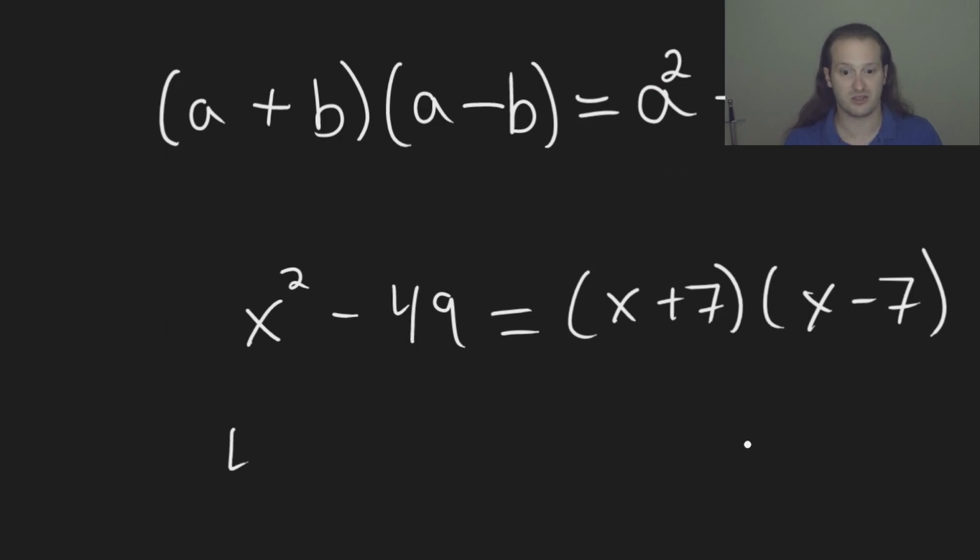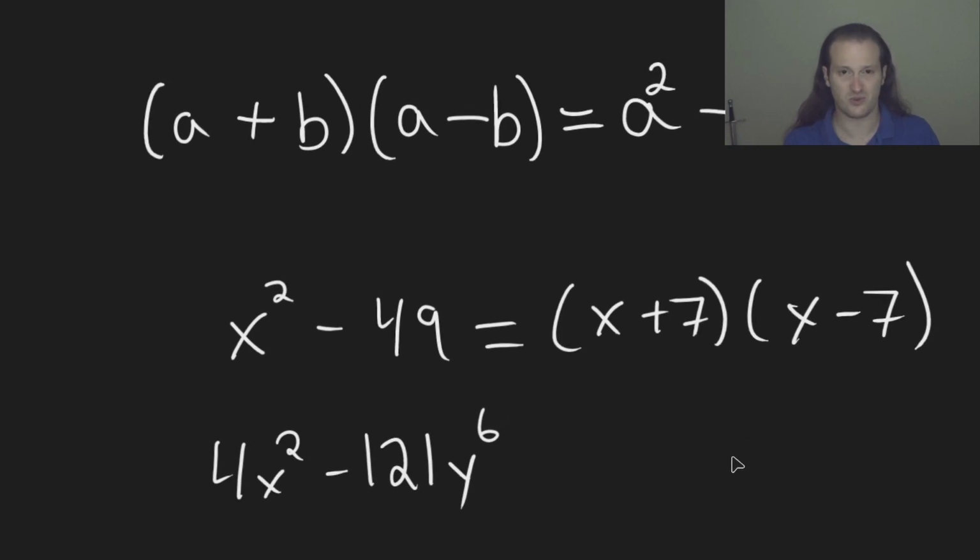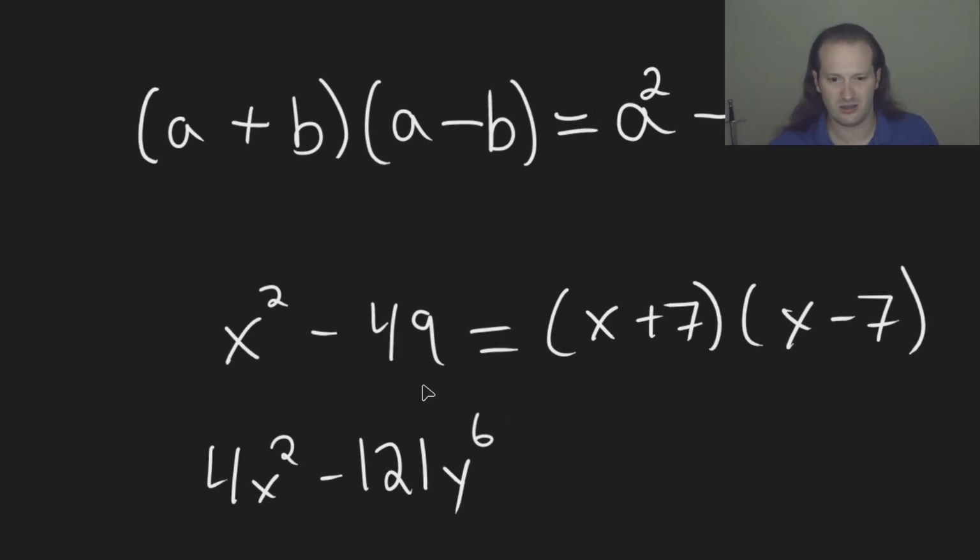If I had 4x squared minus 121y to the 6th, is that a difference of squares? Well, it's not really in this form where we can clearly see what the square root of it is. But let's try to pick apart if these are perfect squares.